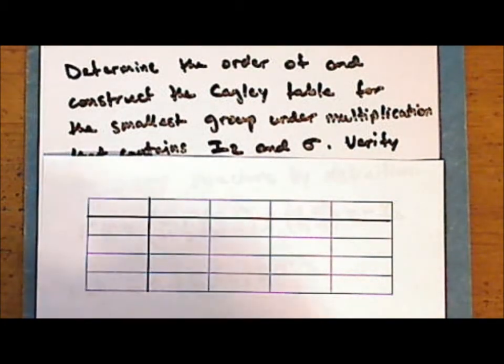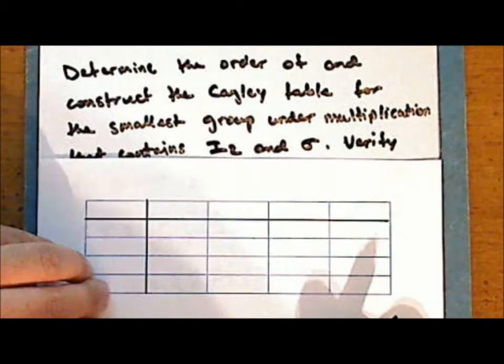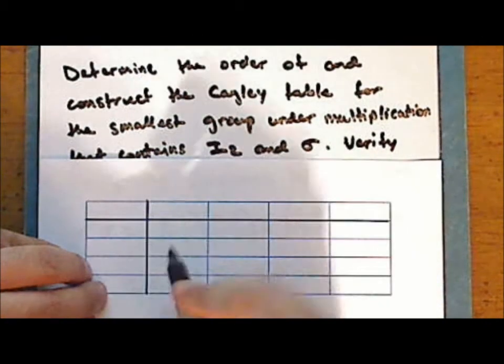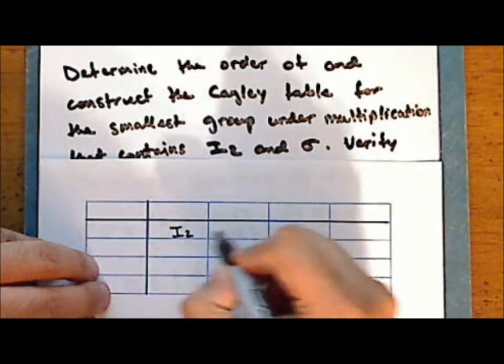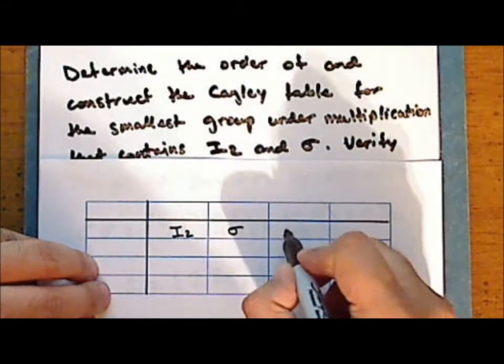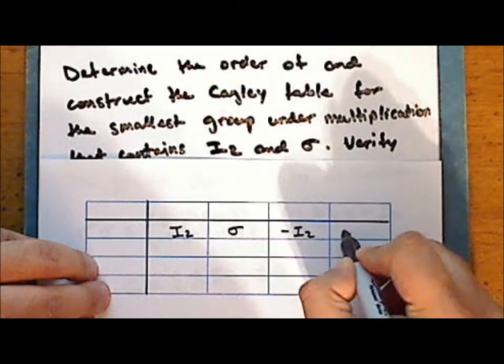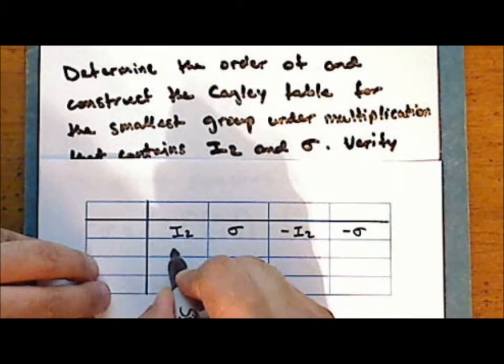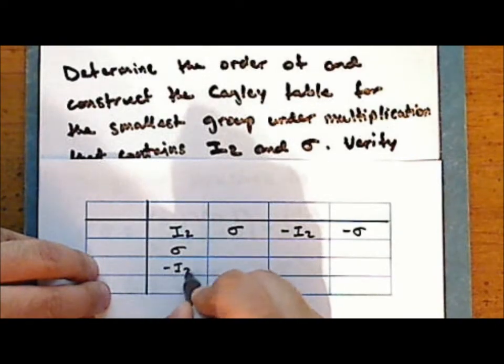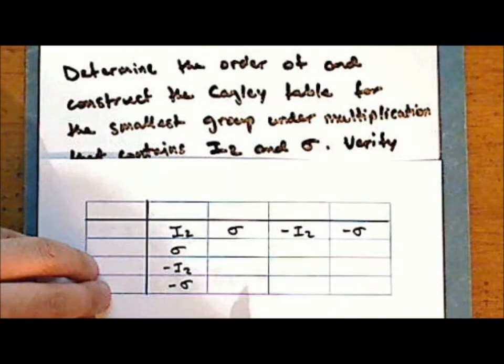Now this time we will construct the actual Cayley table without the superfluous information. So we have as the first row identity, sigma, negative identity, negative sigma, and also as the first column identity, sigma, negative identity, and negative sigma.